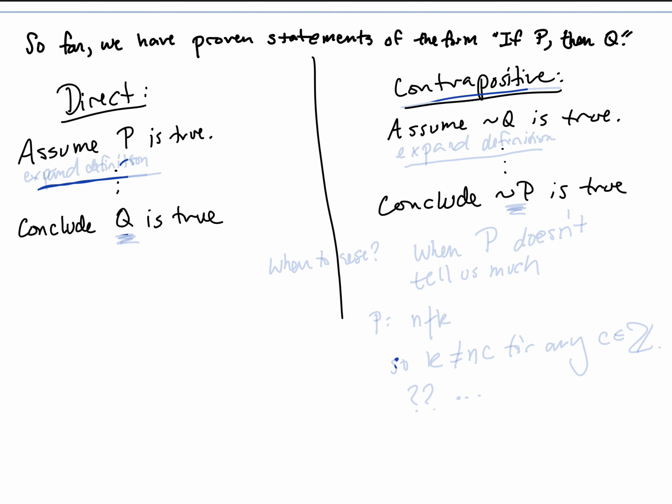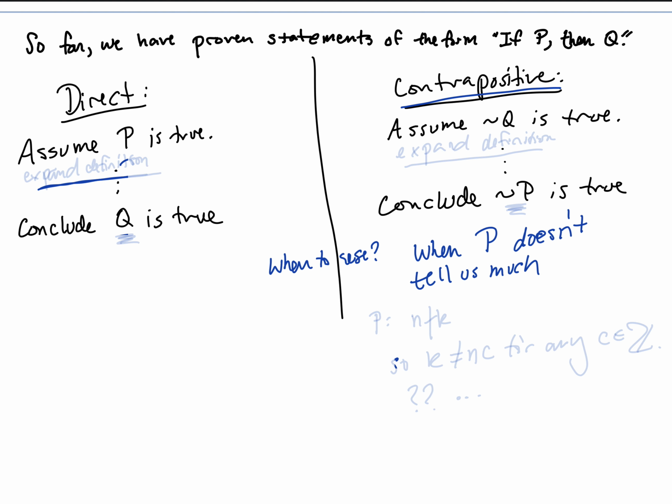So one question you might have is when to use each of these different techniques. And you might have noticed that in general, when we use the contrapositive proof technique, that tended to be in situations when p does not tell us much. So when p doesn't tell us much, that's immediately useful.